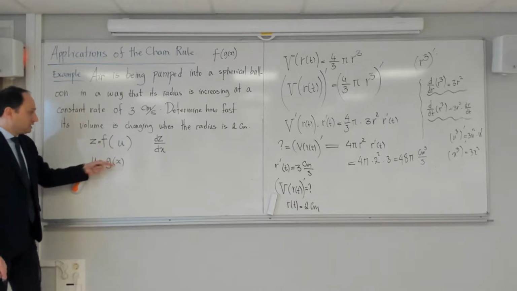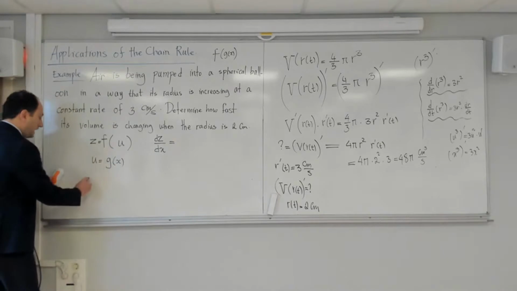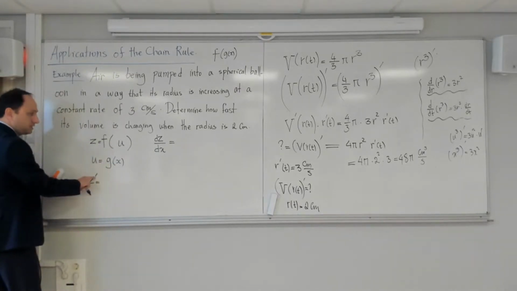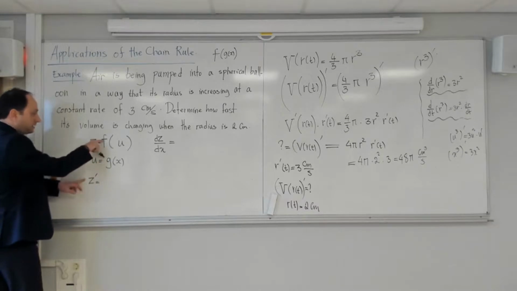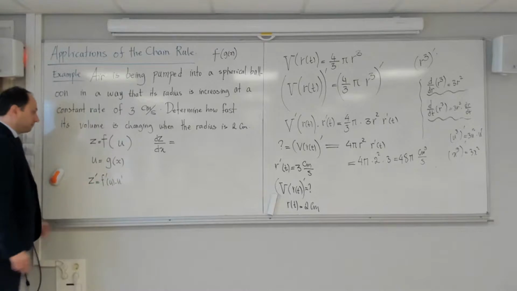But the point is that according to the chain rule, if I ask you what is Z prime, prime means derivative with respect to X. This means f prime of U multiplied by U prime.